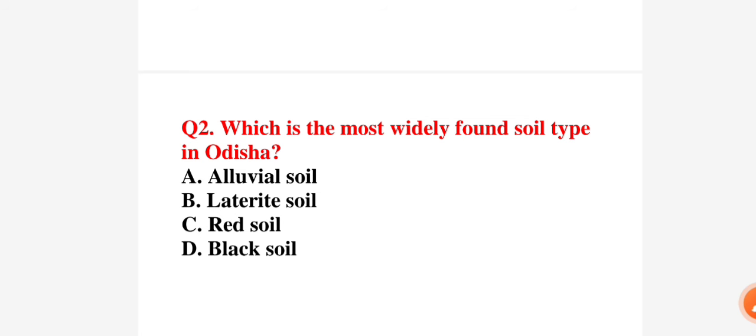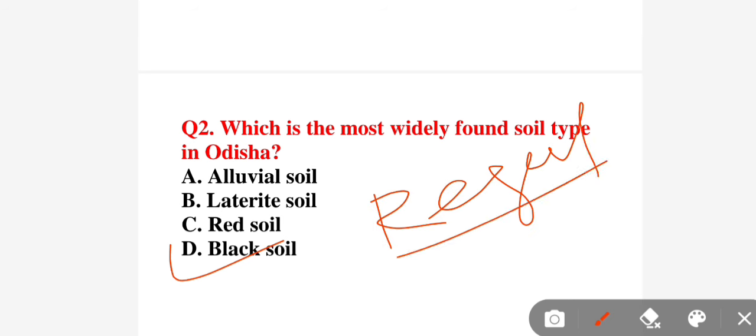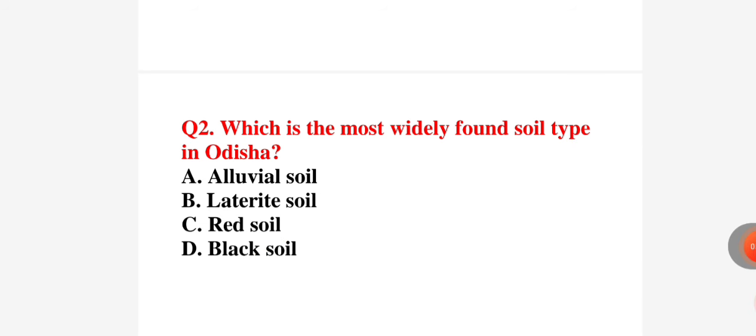If we talk about black soil, it is also known as regur. You must have known this regur soil. It is also known as black cotton soil. Black soil is generally found in areas like Kalahandi, Angul, Balangir and Ganjam.